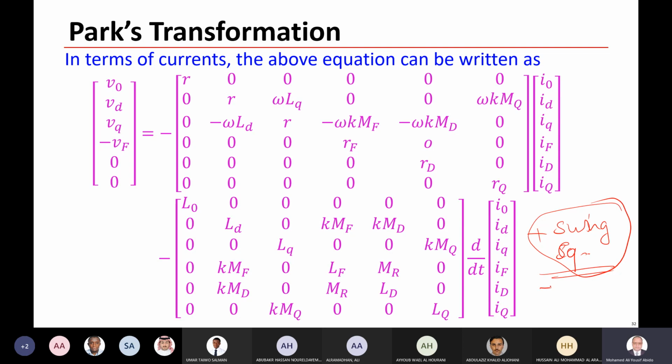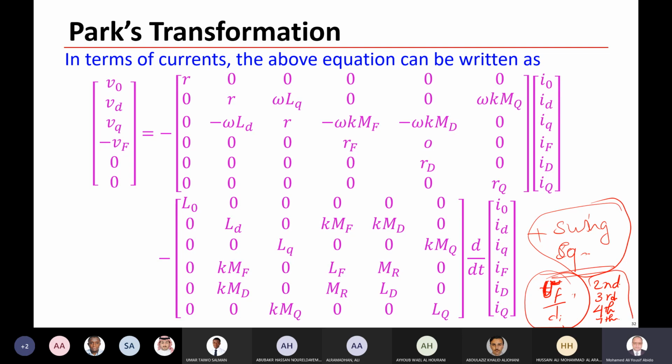If we add the field voltage, or the field winding, or the damper winding also, we can build the 2nd order model, or the 3rd order model, the 4th order model or 2-axis model, and also the 7th order model.